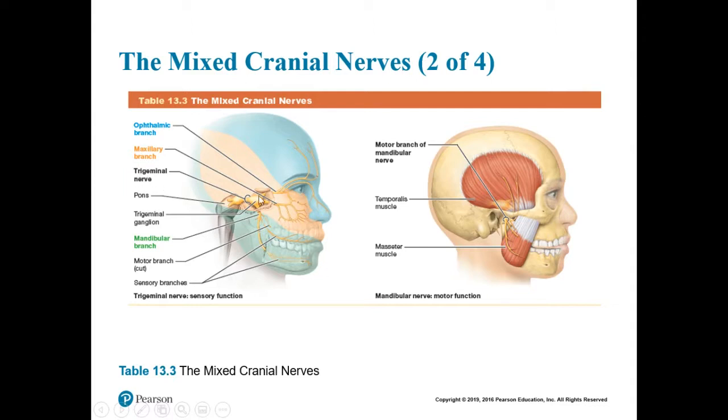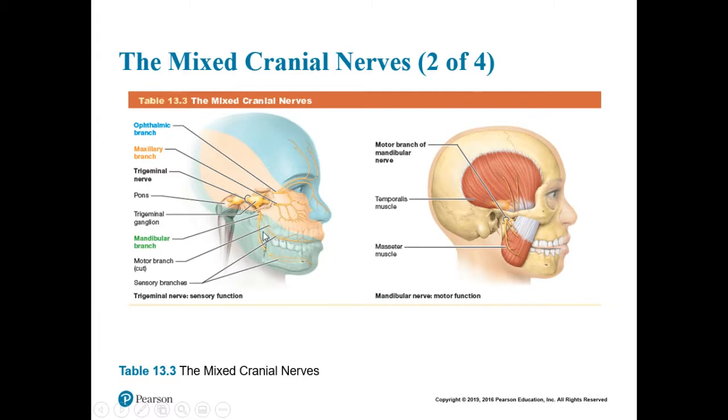So the trigeminal nerve controls, again, the sensory aspect of all facial structures, including the ophthalmic branch, which is the eye, the maxillary branch right here, all of the superficial structures of the maxillary, like the skin, for example, the glands, right?